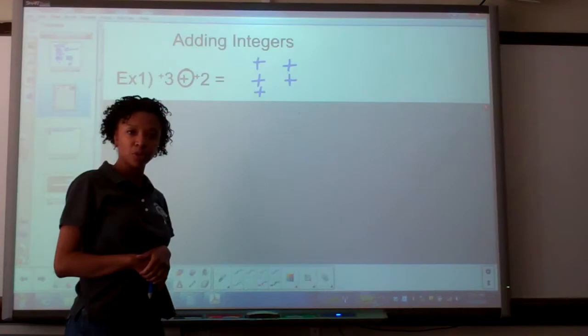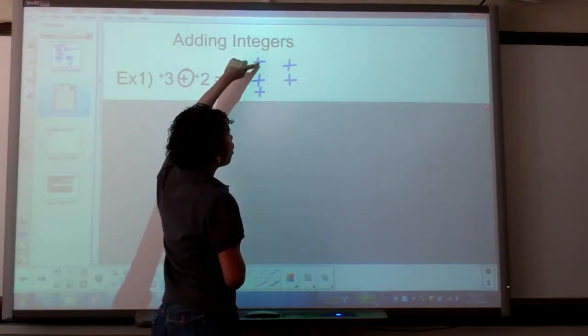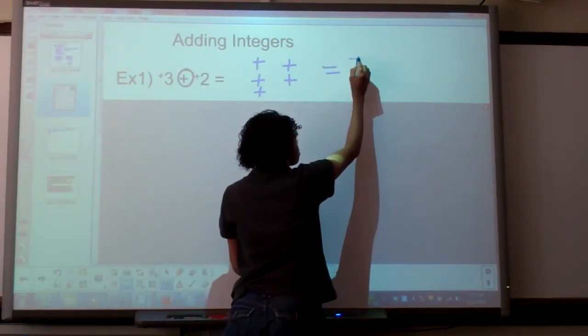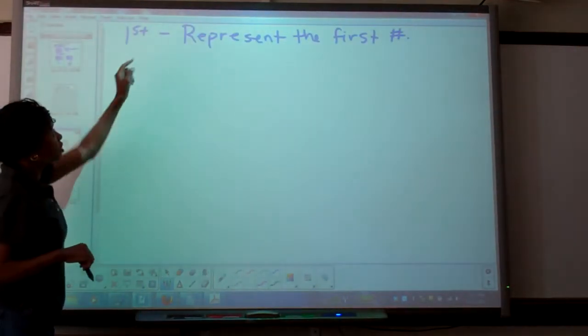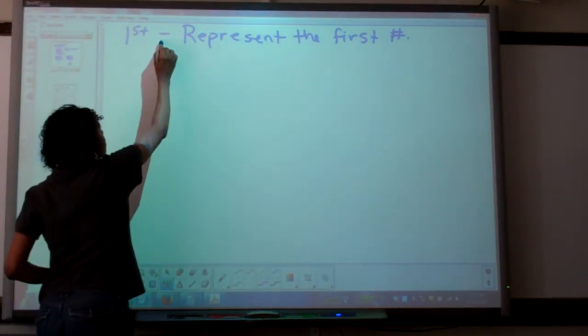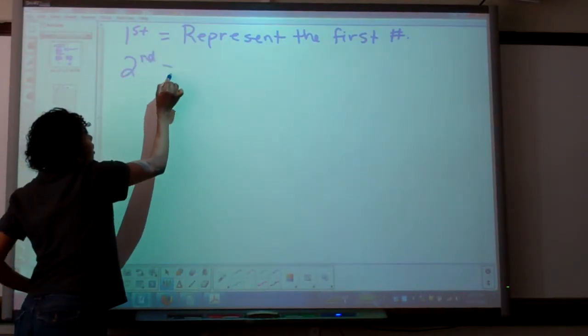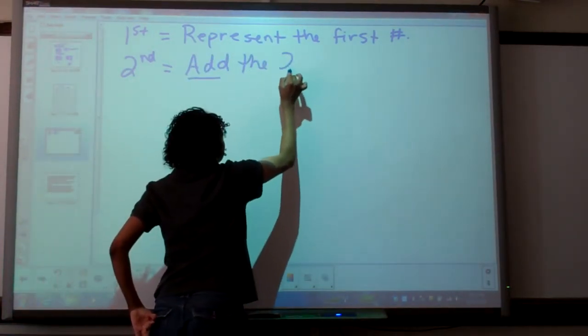Is my final answer in the same charge? The answer is yes. Count them up. I have 1, 2, 3, 4, 5 positives. So this answer is a positive 5. So, in my rules, first thing I want to represent the first number. And then the second thing that I want to do is add the second number.